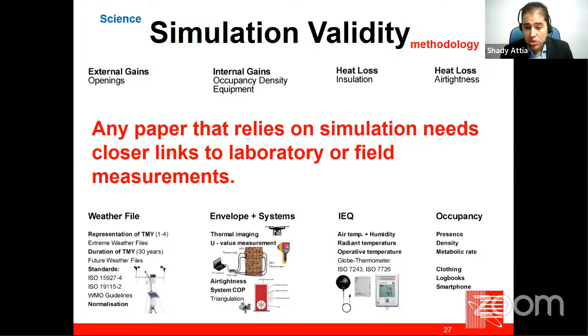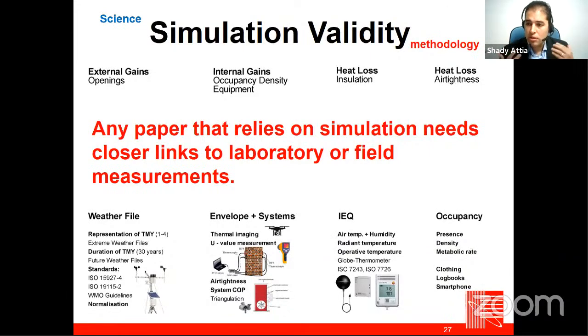If you have thermal imaging, indoor environmental quality, if you are doing simulations, if possible, you have information about air temperature or about humidity, or if you can calculate or measure operative temperature, CO2 concentration. If you have something related to occupants, it will be very good if you can validate through presence detection or calculating the occupant density, or doing observations using logbooks, for example, using smartphones.